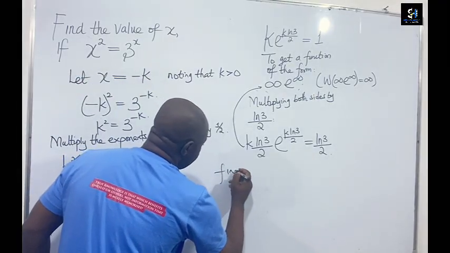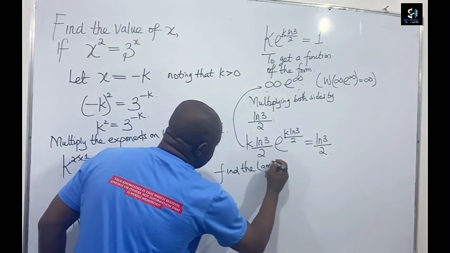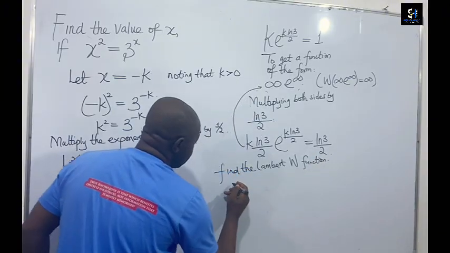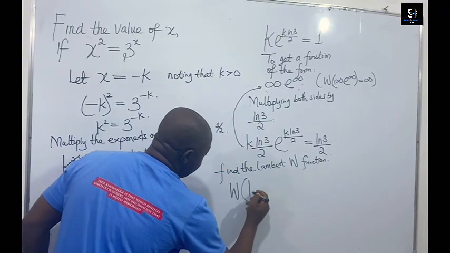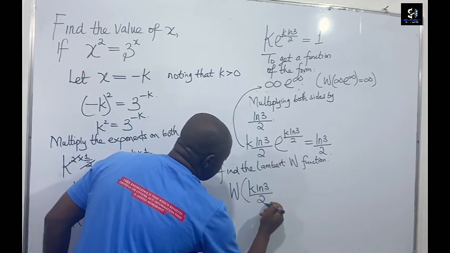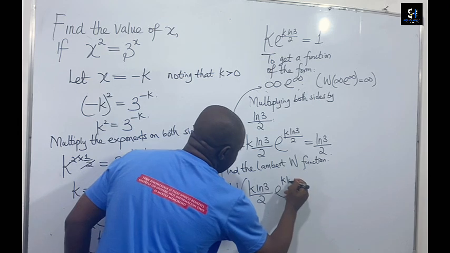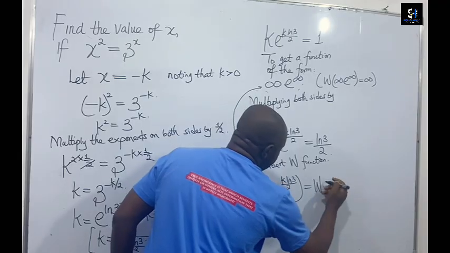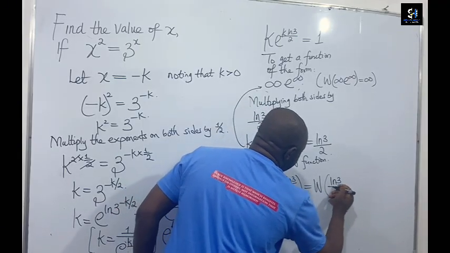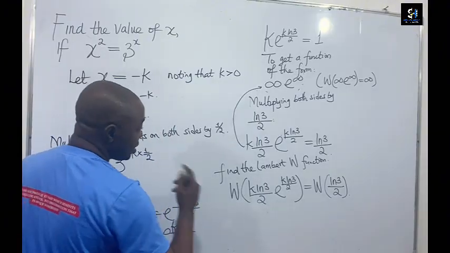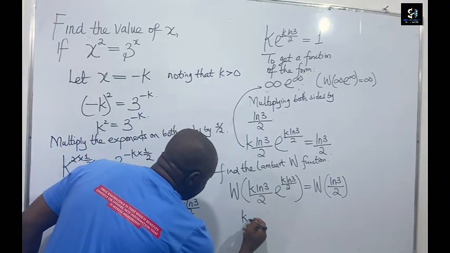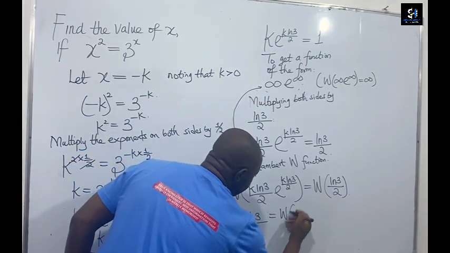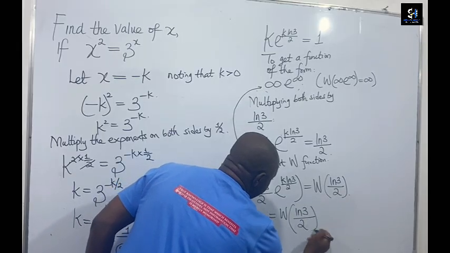So the Lambert W function of k ln 3 over 2 multiplied by e raised to the k ln 3 over 2 equals the Lambert W function of ln 3 over 2. So in this case, k ln 3 over 2 equals the Lambert W function of ln 3 over 2.